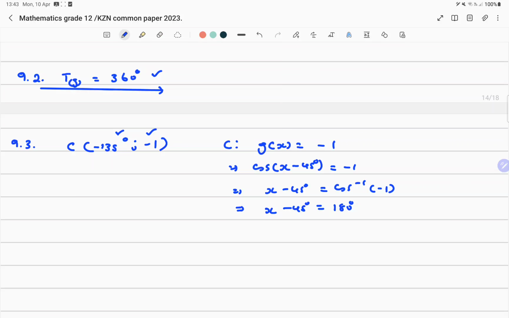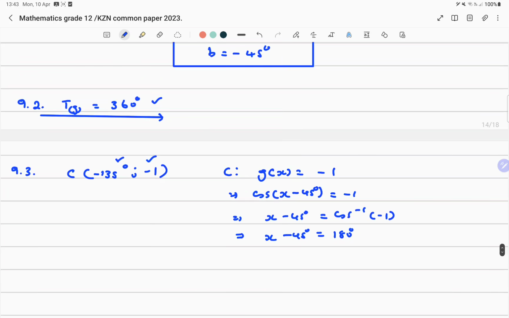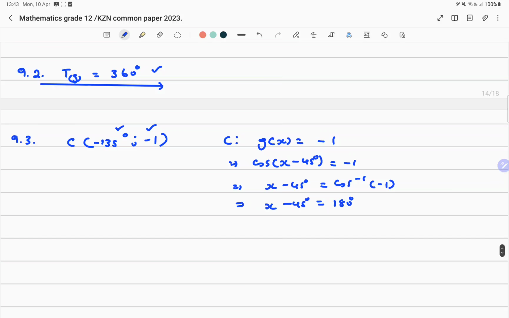Now this question here is going to become a bit hurtful, is it not? It is going to hurt because I am seeing a problem now. This calculation is going to hurt. Look at it. It implies that our x is going to be equal to 180 degrees plus 45 degrees. So 180 plus 45 is 225.